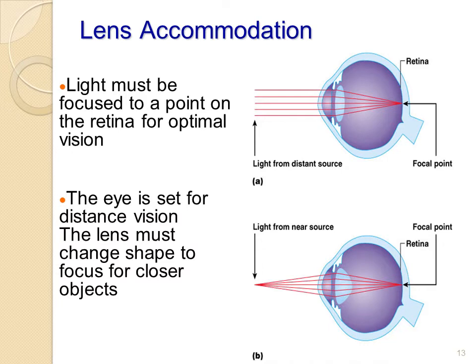While in case B, the eye is set for near vision, so the lens must change shape. You can see the difference between cases A and B. In case A, the light must be focused on the point for optimal vision, while in case B, light comes from a near source, so we can see the lens change shape to focus on a closer object.